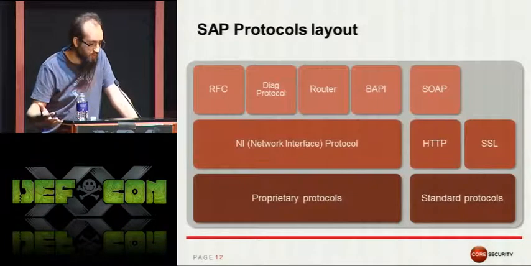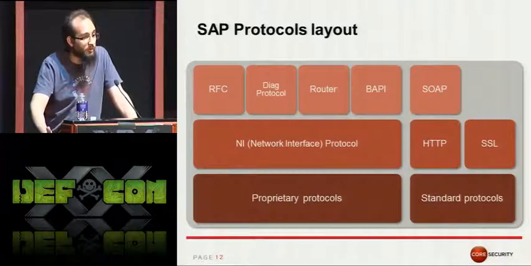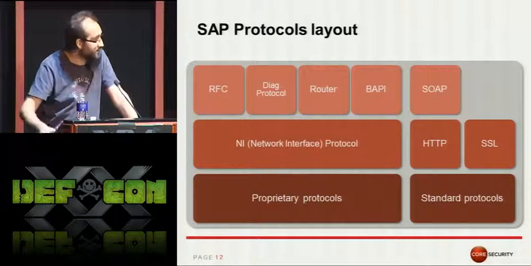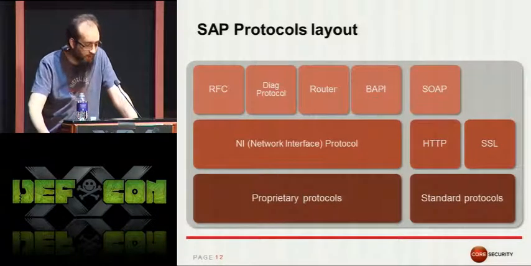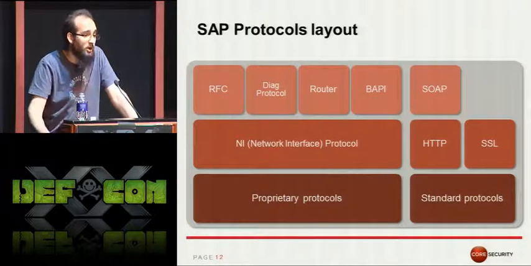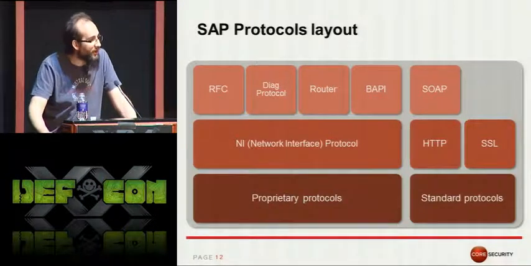So SAP uses different network protocols at different components. Some of them are standard, like HTTP, SSL, etc., and others are proprietary protocols. One of the first protocols that came up is the Network Interface Protocol. It's a protocol used to do some error handling and some checks on all network connections.